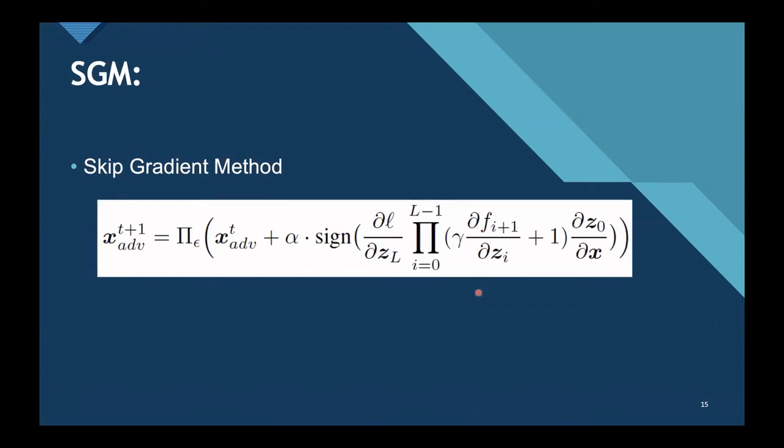This method can be combined with existing methods, and it does not add any computational overhead. Since we just add a decay here, it has the same complexity as the method itself. And for multiple steps, when they say SGM for multiple steps, they are using PGD as the base, and when they use a single step, it is like FGSM.